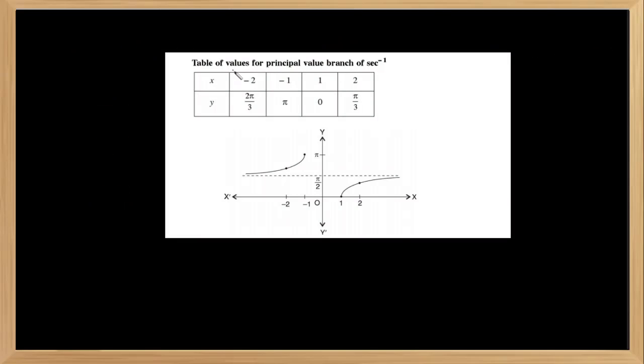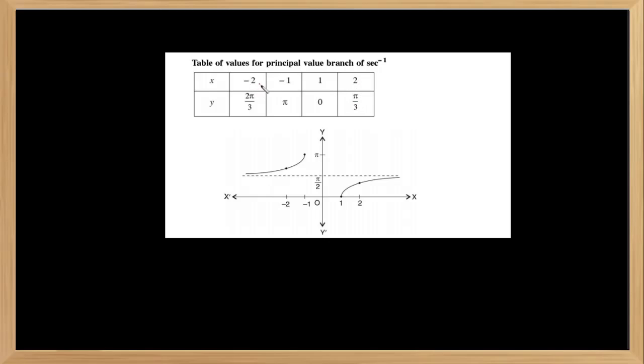Now this is the table containing a few principal values of sec inverse in the principal value branch 0 to pi excluding pi by 2. Sec 0 is 1, so sec inverse 1 is 0. Sec pi by 3 is 2, so sec inverse 2 is pi by 3.